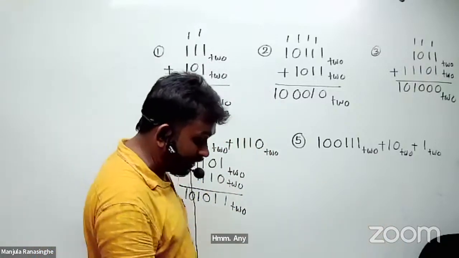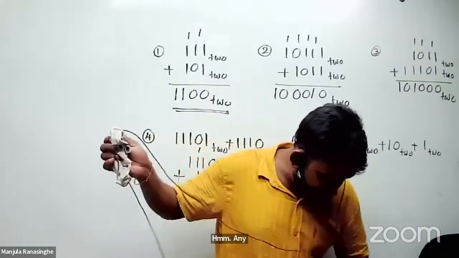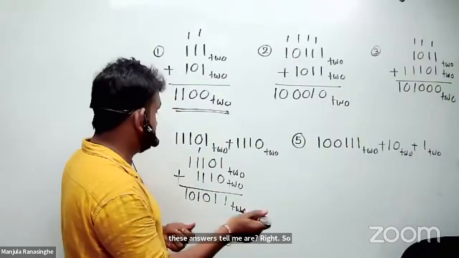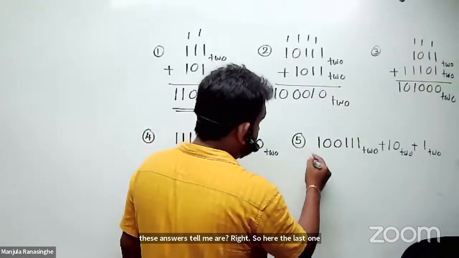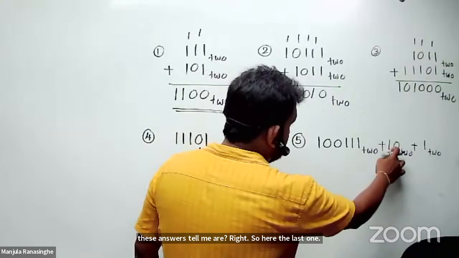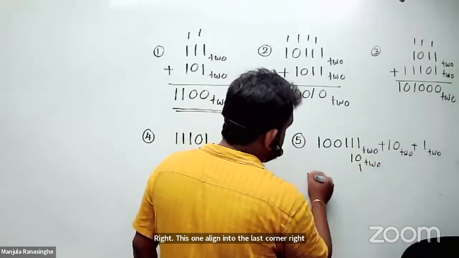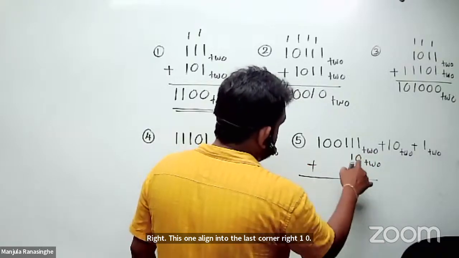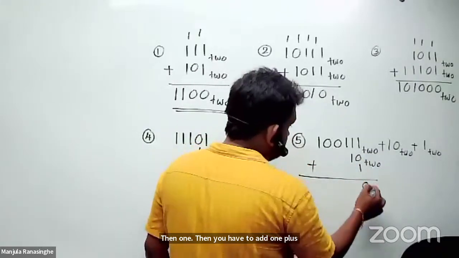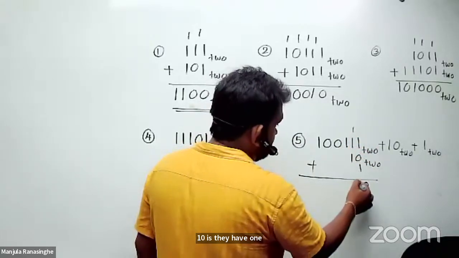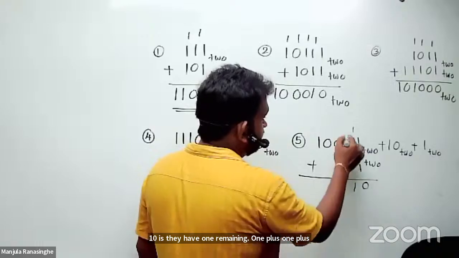Any questions? Any doubts? Or if you are not getting these answers, tell me. Right. So here the last one. This one aligning to the last corner, right? 1, 0. Then 1. Then you have to add 1 plus 1 is 10. 0 is there, 1 remaining. 1 plus 1 plus 1 is 11. 1 there, 1 remaining.